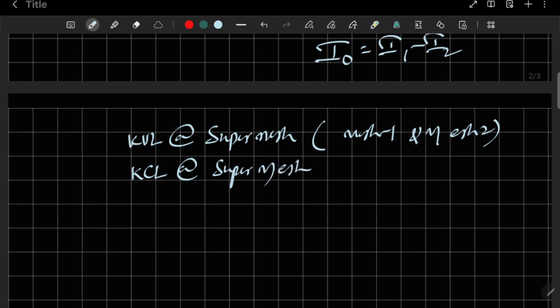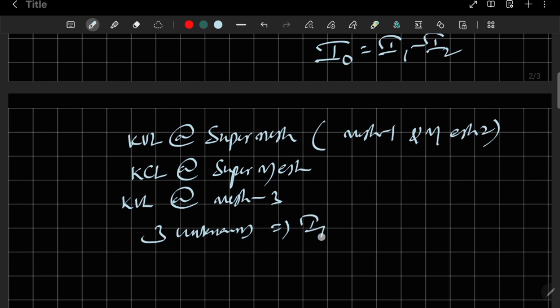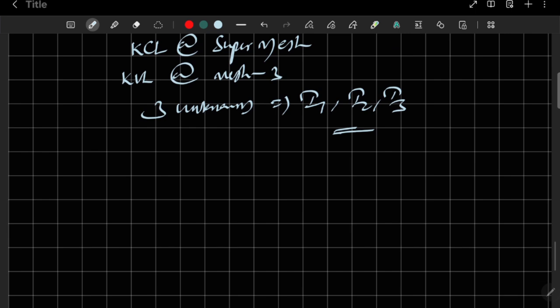Two equations are ready. Next, KVL for the third loop, the third mesh. So three equations, three unknowns, I1, I2, I3 can be calculated. Okay, you can compare this exactly with the super nodal analysis also. Thank you.